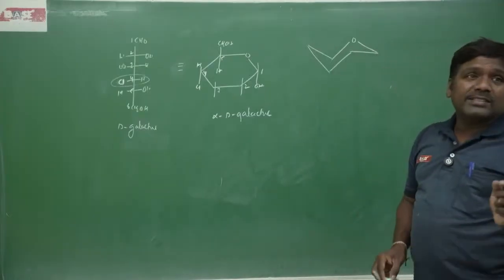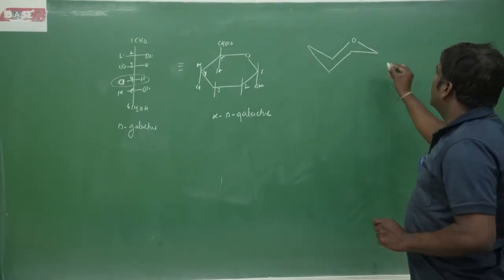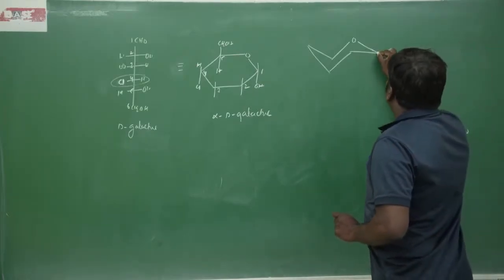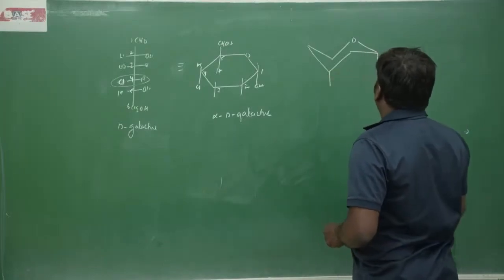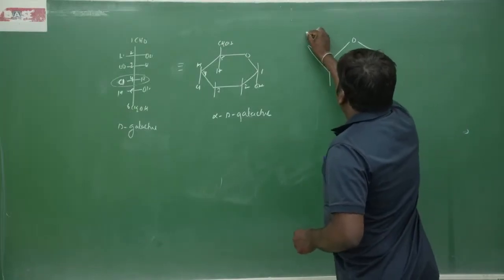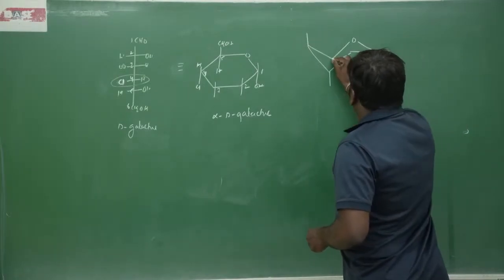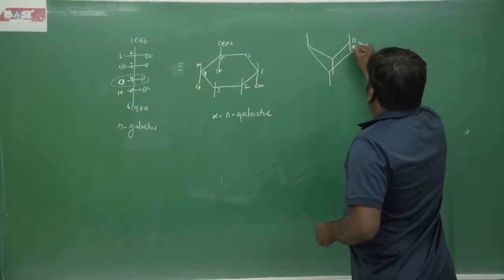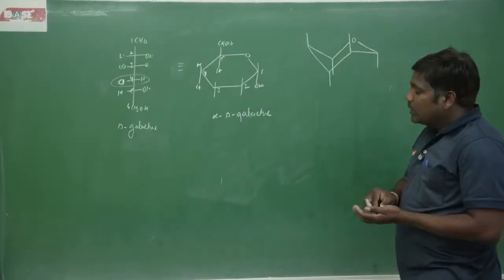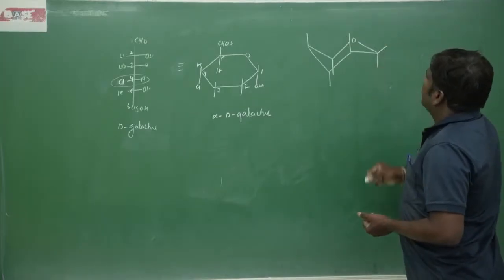In this, you have to write the axial and equatorial forms of the bonds. This one is an axial bond, this is also axial, this is axial, this is axial, and this one is also an axial bond. Now the equatorial bonds you have to write.